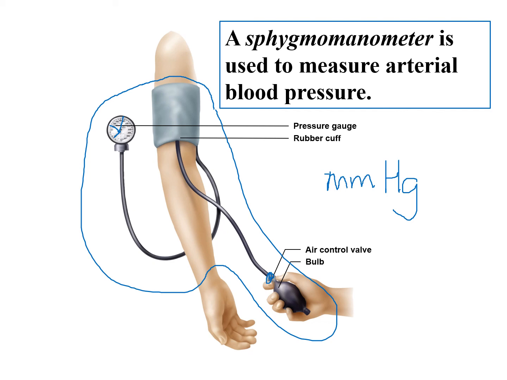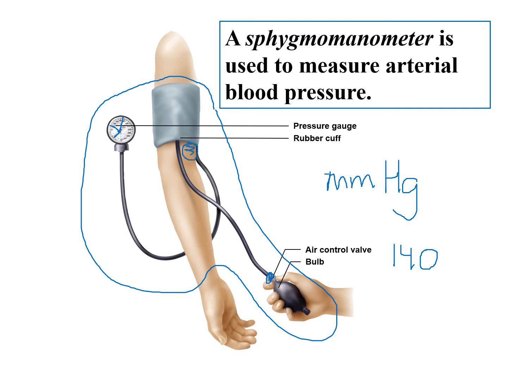Generally you want to go, I would say, to at least 140 millimeters of mercury, because what that's going to do is it's going to close off the lumen of the brachial artery. That's what you're measuring the blood pressure with, the brachial artery, it's called, B-R-A-C-H-I-A-L, brachial artery.